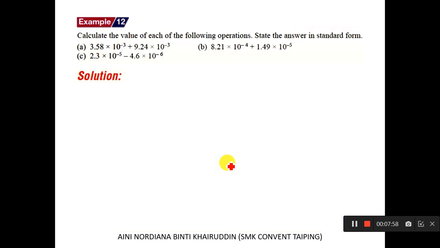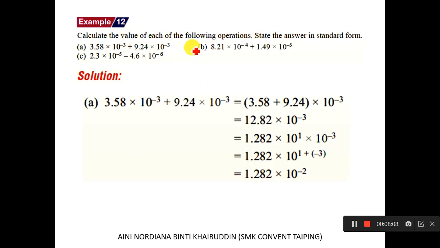Next, example 12. Calculate the value of each of the following operations. State the answer in standard form. So this is the solution for A. This one, the power is a negative number. So both are in 10 to the power of negative 3. So we just plus the numbers.